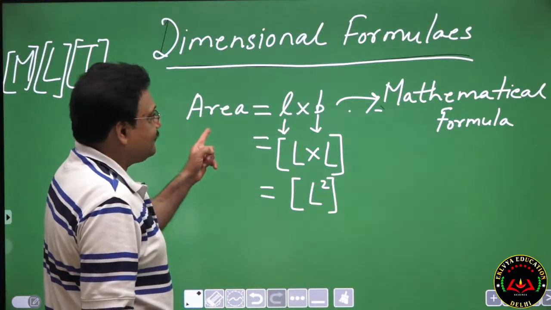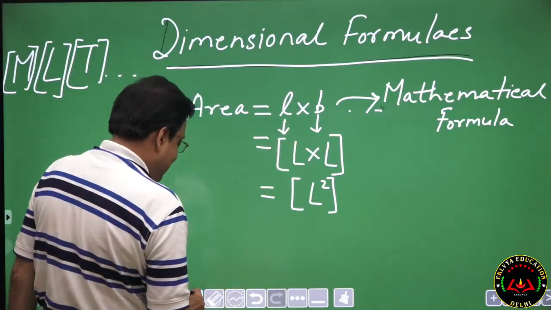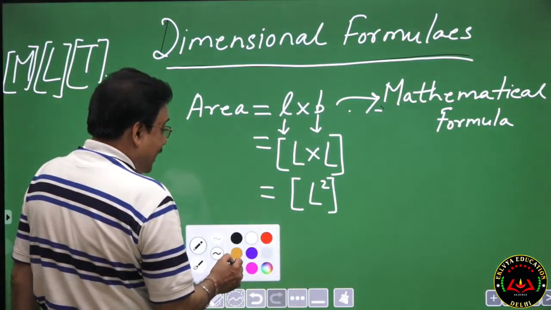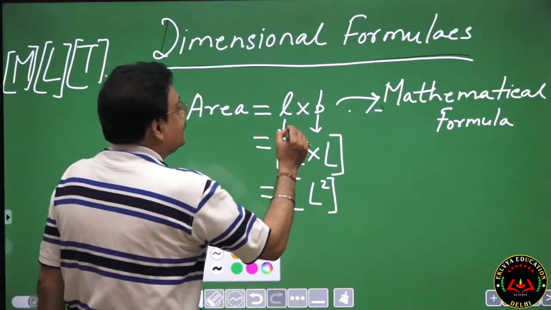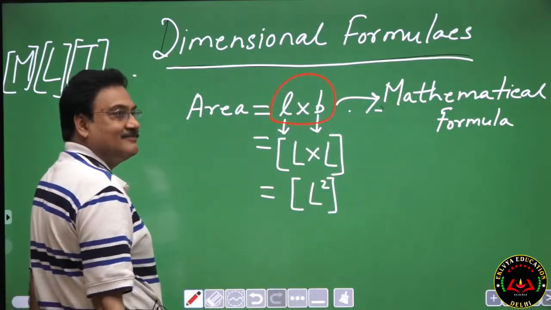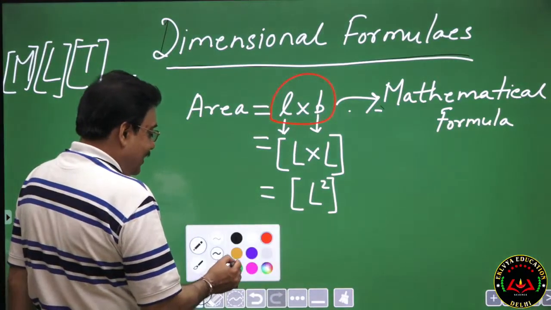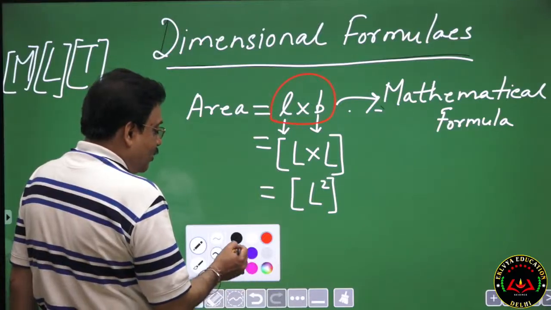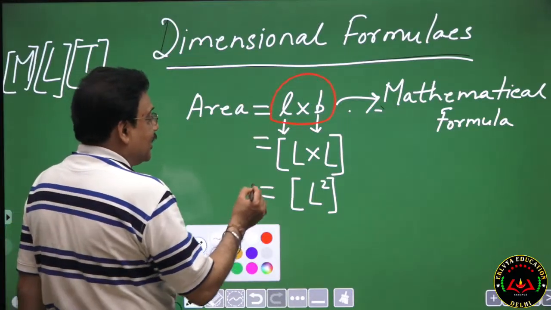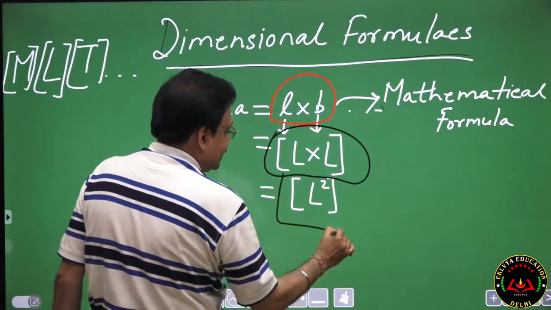So the mathematical formula of area, now you have to understand, is this one. And if you talk about the dimensional formula of area, that is this one. Sorry, this one.